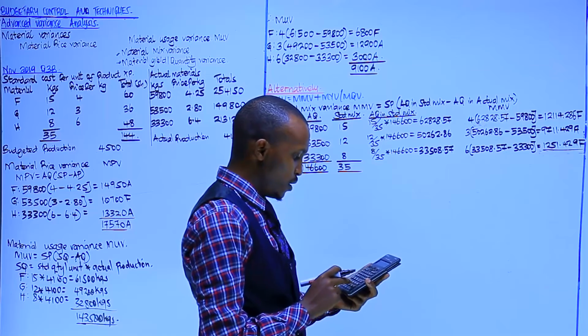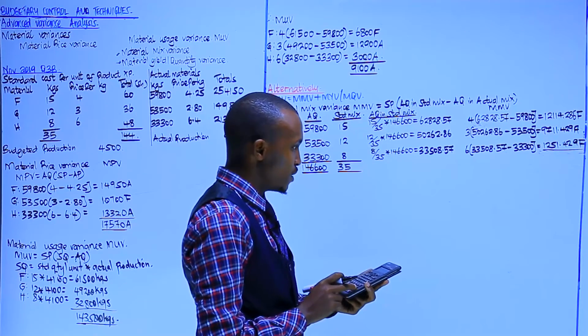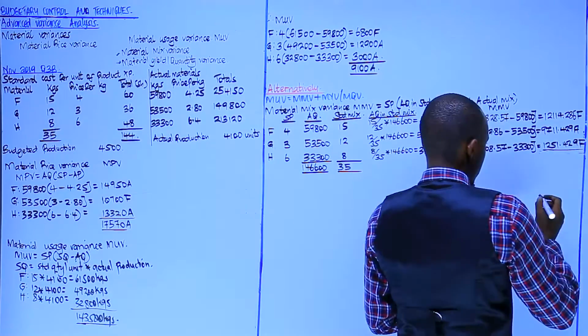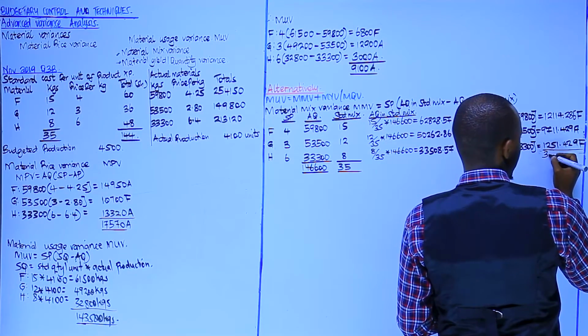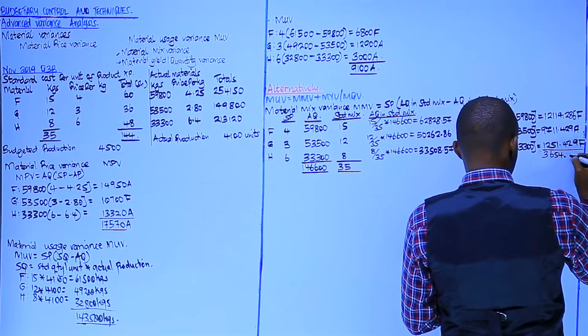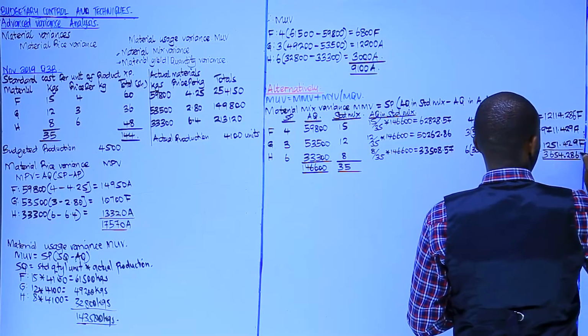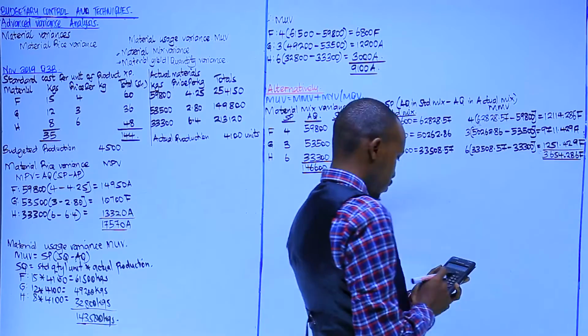We add the variances together if they are similar. .28 what? 6, which will be favorable.